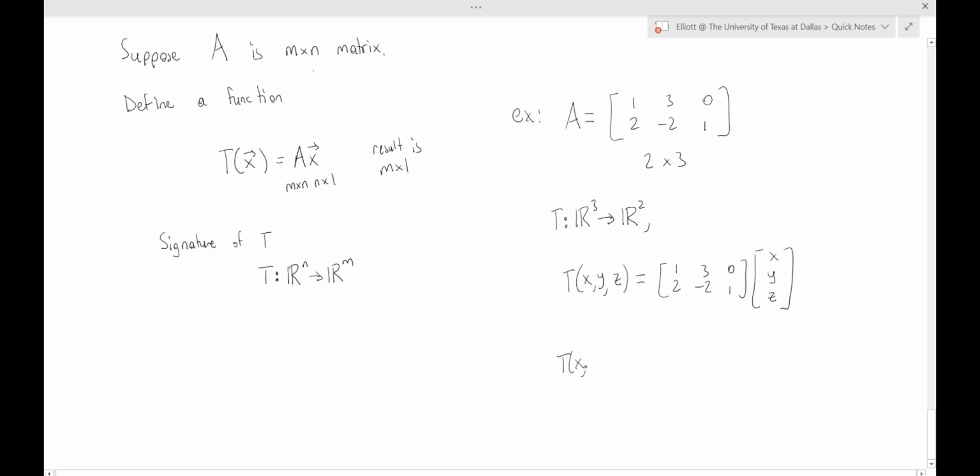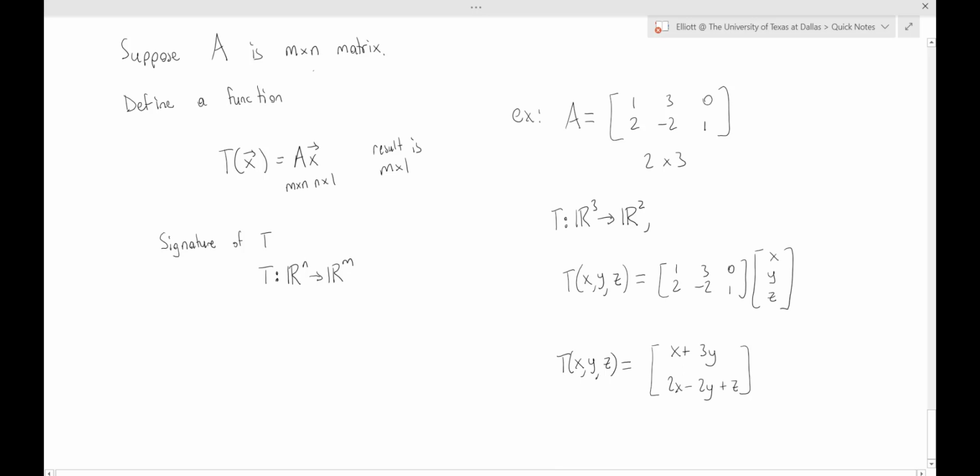Now let's actually do the matrix vector multiplication. So I'm going to do dot products with the rows of A and the vector x, y, z. So the dot product will be x plus 3y, and that will be the first component of the product. And then next we get 2x minus 2y plus z. All right.